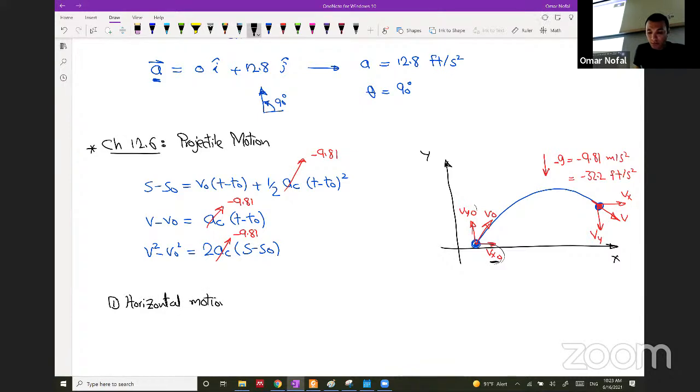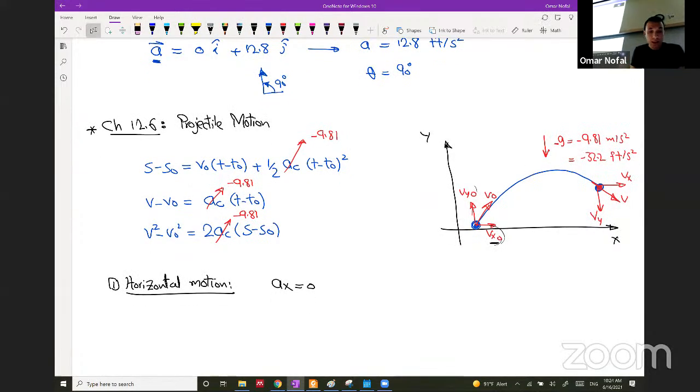motion of the projectile. There is no acceleration in the X direction, but there is one in the Y direction. So in the horizontal direction, ax is equal to 0. So it's constant, but it's equal to 0. If you solve it, let's do this first.